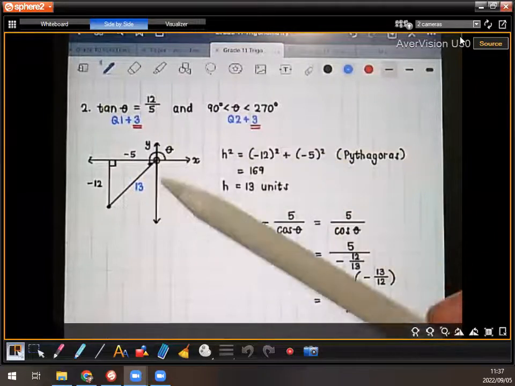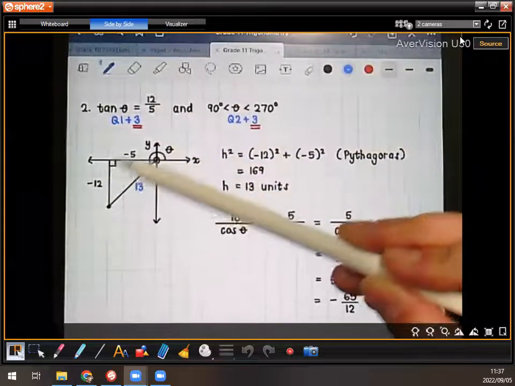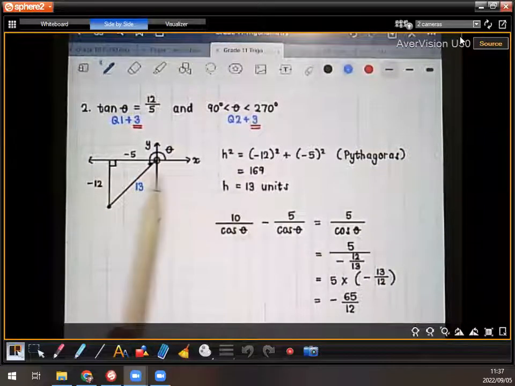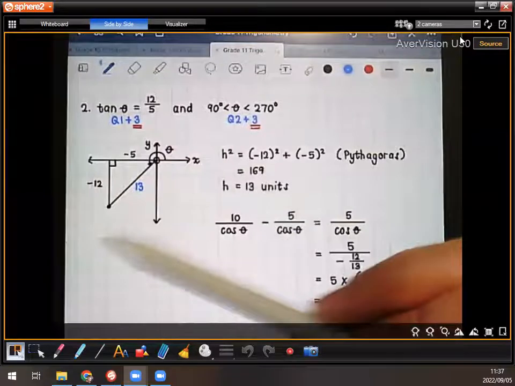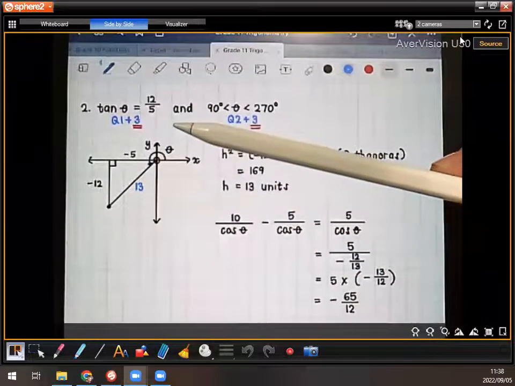Now, guys, the tricky thing here is that it was positive 12 over 5. But if you're looking at where the triangle is, this is actually a negative 12, because it's on the negative side of the y-axis. And this x also is negative, because it's on the negative side of the x-axis. And guys, that will still give us a positive answer, right? Because what's negative 12 divided by negative 5?